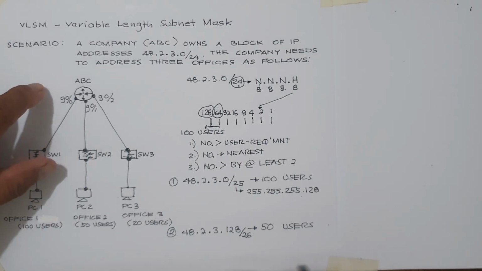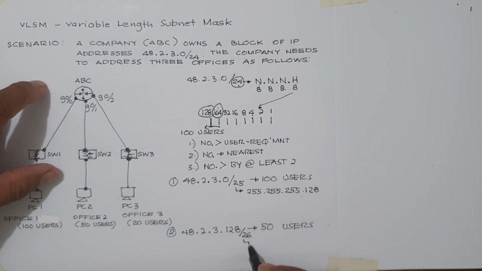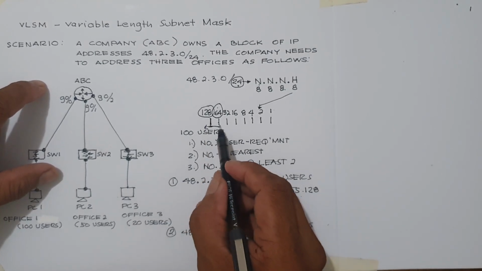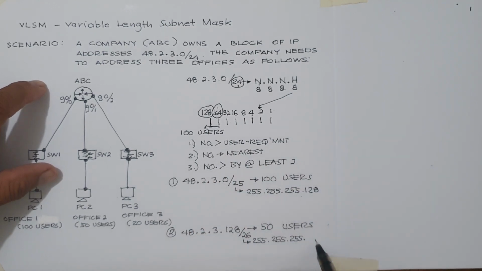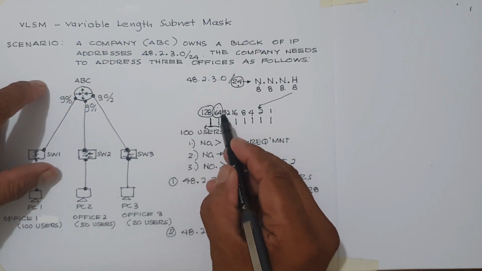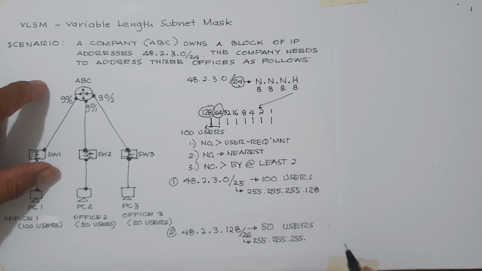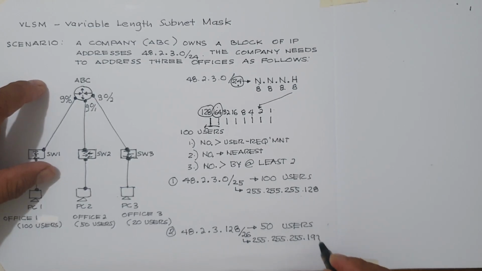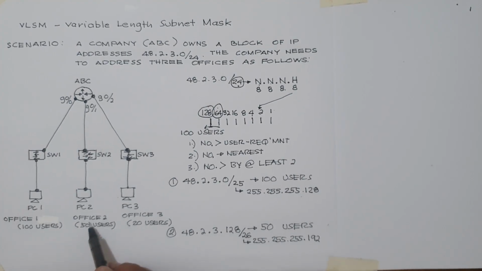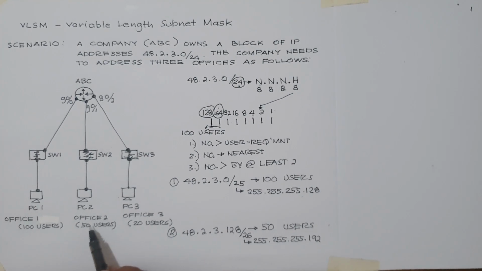Then this one has a subnet mask of 255.255.255., and since there are 2 bits in the fourth octet that represent the network part, we will add these 2 numbers, 128 plus 64, that will be 192. Then we use this to support the second office.